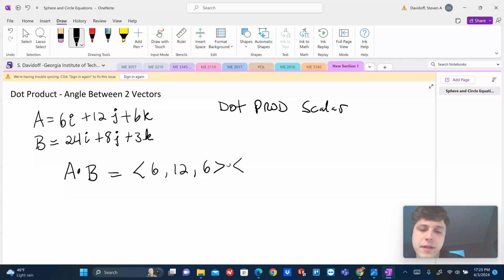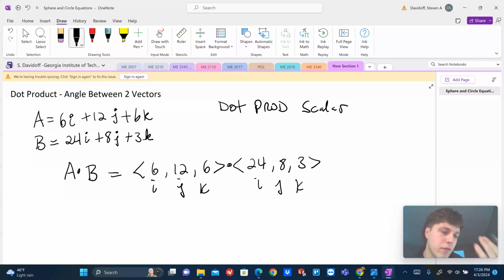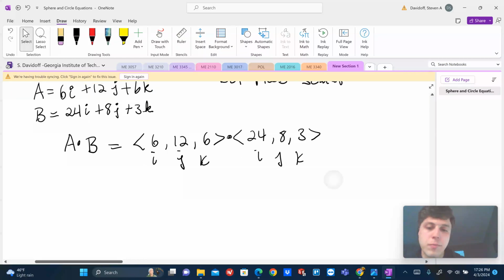This is the way I like to do it. I'm going to take 24 i, 8 j, and 3 k, and multiply them together by position: this is the i position, this is the j, this is the k, or x, y, z, however you pick your poison.